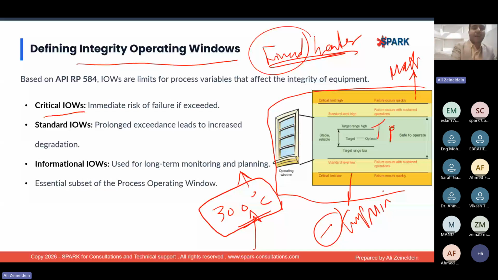We have API Recommended Practice 584, which talks specifically about integrity operating windows and how to establish them. This recommended practice also talks in detail about how to generate an integrity operating window, and the integrity operating window flow chart can be found in it.